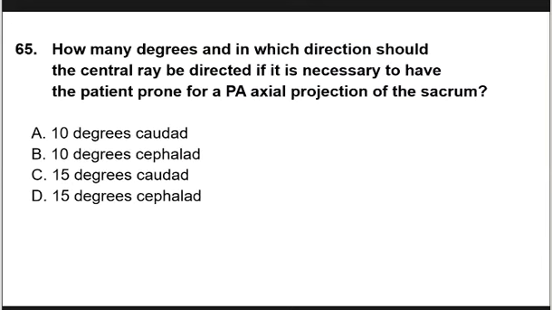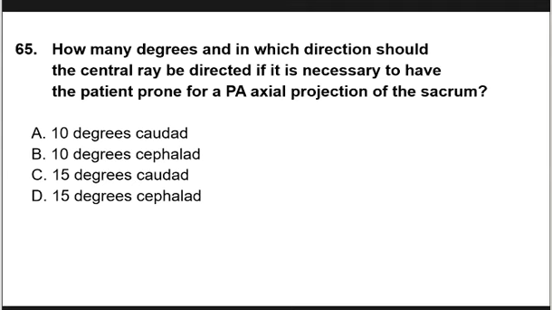Next, number 65. How many degrees and in which direction should the central ray be directed if it is necessary to have the patient prone for a PA axial projection of the sacrum? So as we said, how many sacral vertebrae do we have?